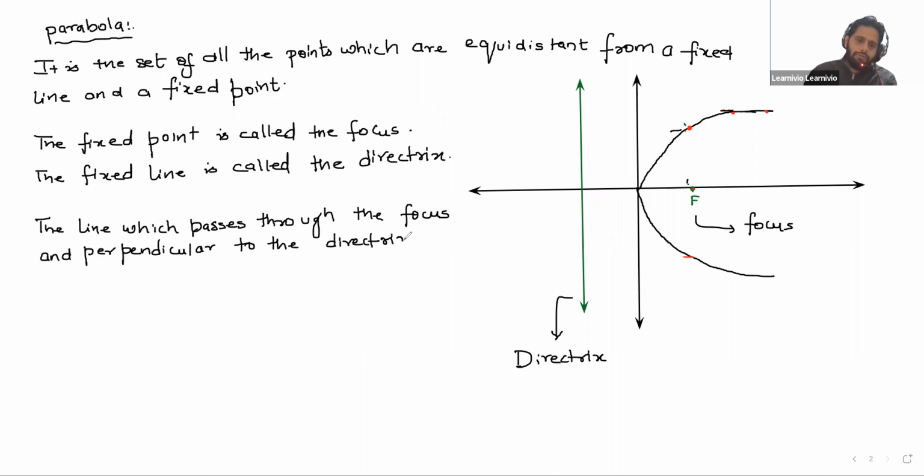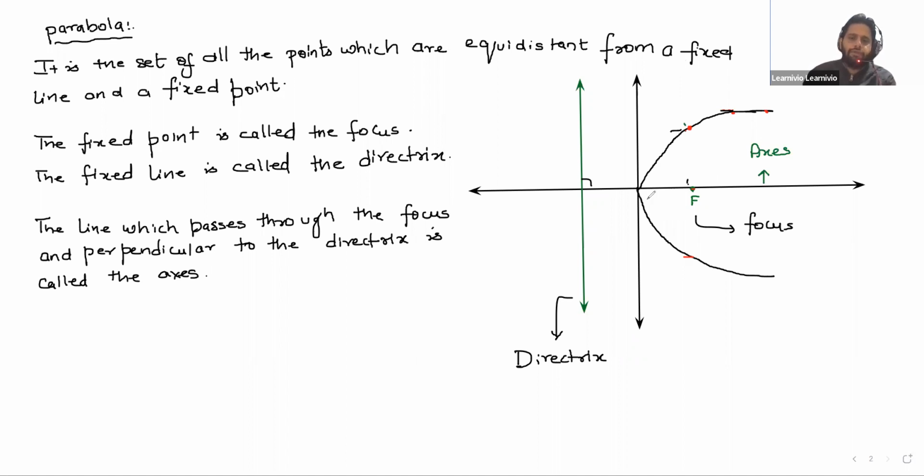It's called the axis. Okay, so the line which passes through this focus and perpendicular to this directrix is called the axis. So this is the axis. This line is called the axis.